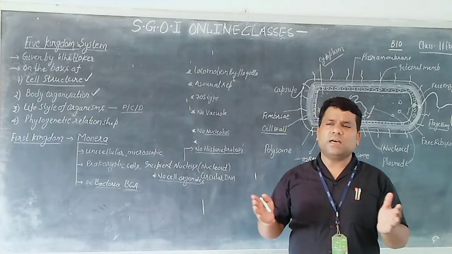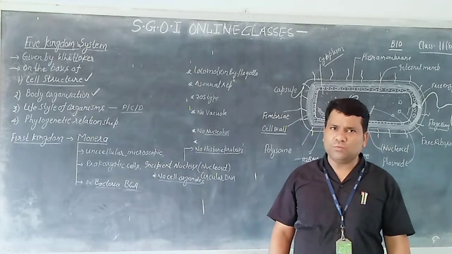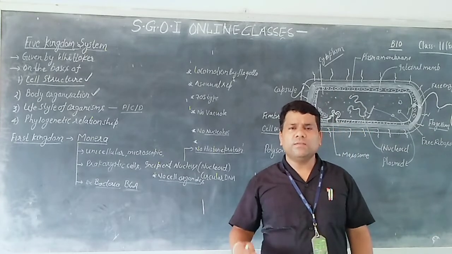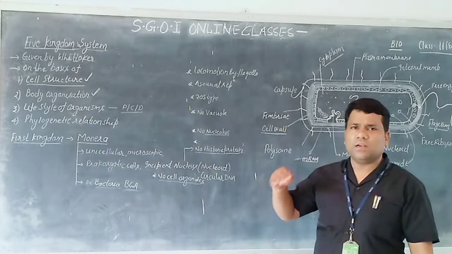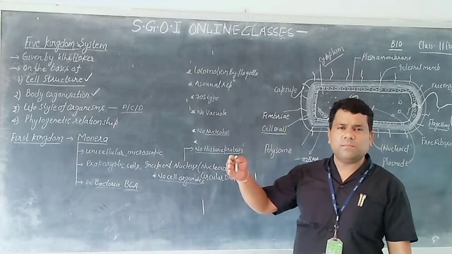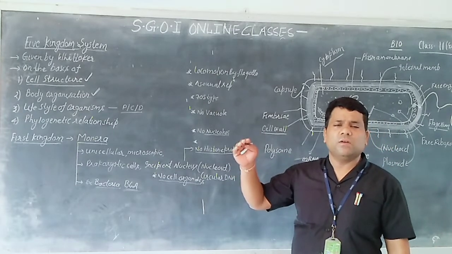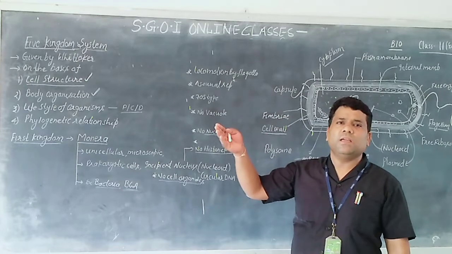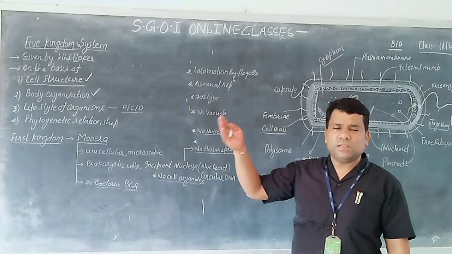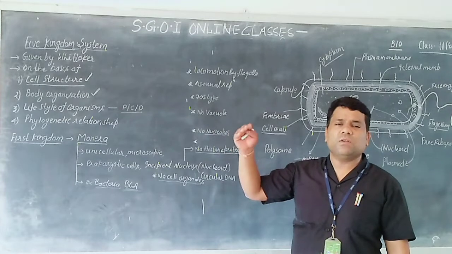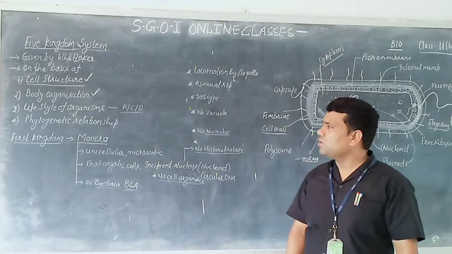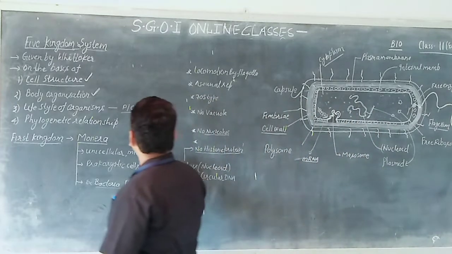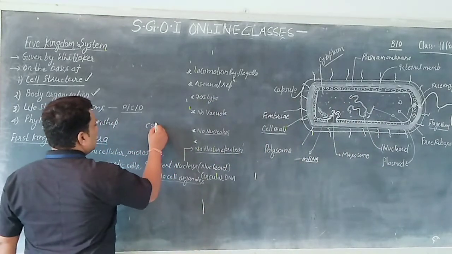When a number of cells meet together, they form tissue, and when many tissues are mixed together, they form an organ. Organs form an organ system, and the organ systems form the individual. So this is the level of organization, which starts from the cell.